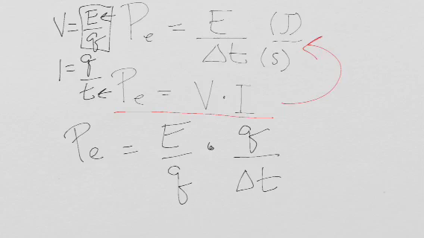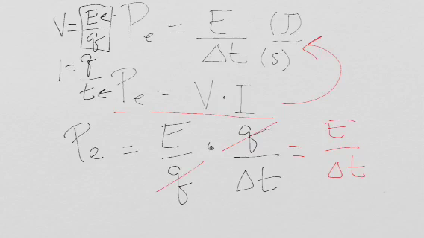If I'm multiplying E over Q by Q over T, is there something that can cancel out there? Yes. What? See you later, Q's. It's been nice. That gives us our E over delta T. This is why these two formulas can be used interchangeably.